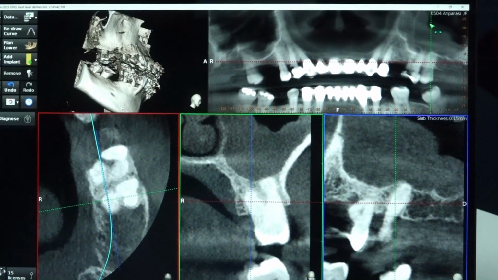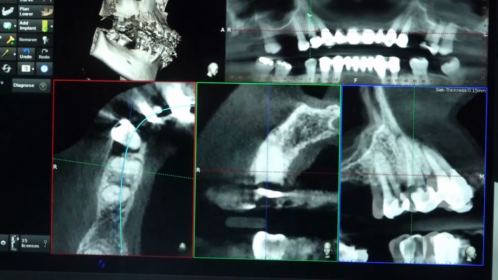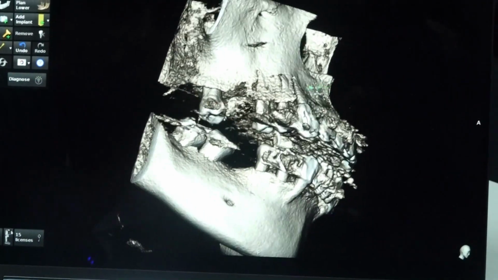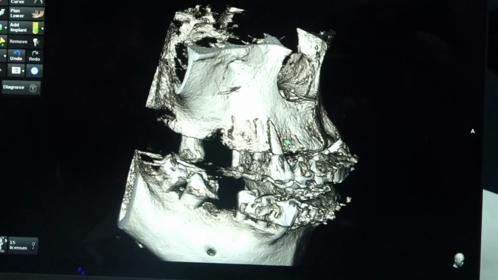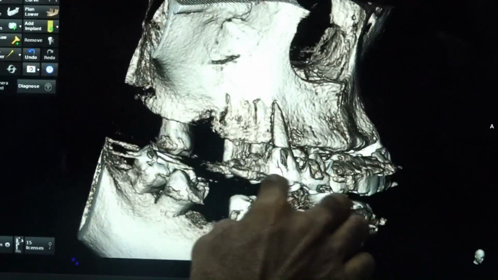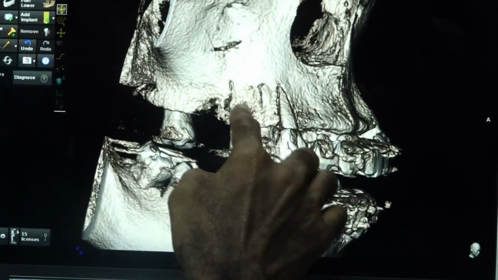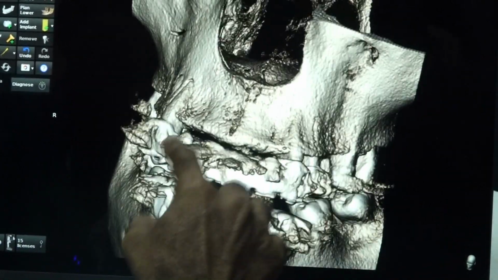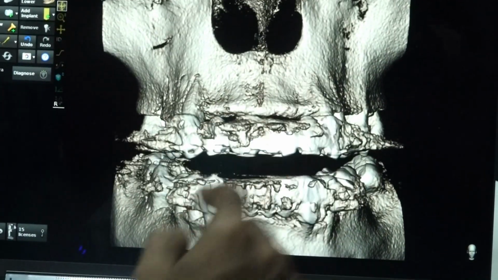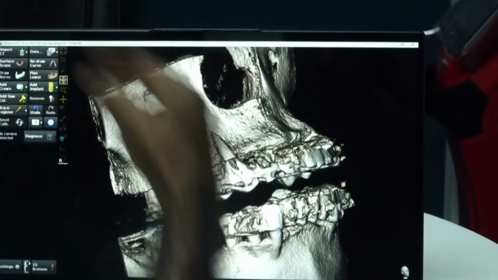First we will plan the right side 1-5. Before that we will see the panoramic, 3D reformatted image. If you see here, there is very thin bone in the canine area, right? And even in premolars, very thin buccal bone. So what it tells is this: during extraction you should be very careful, gentle.